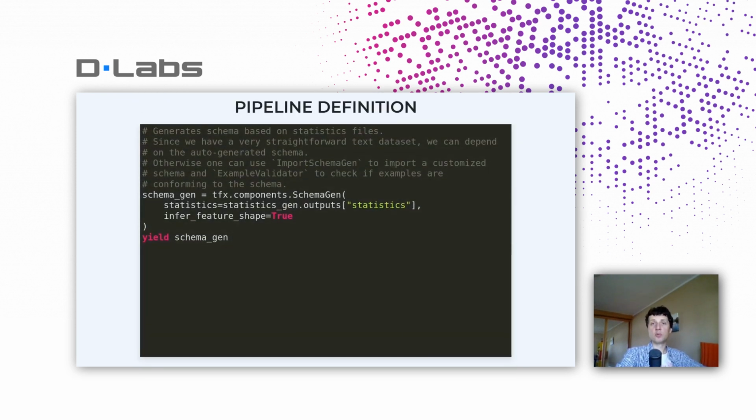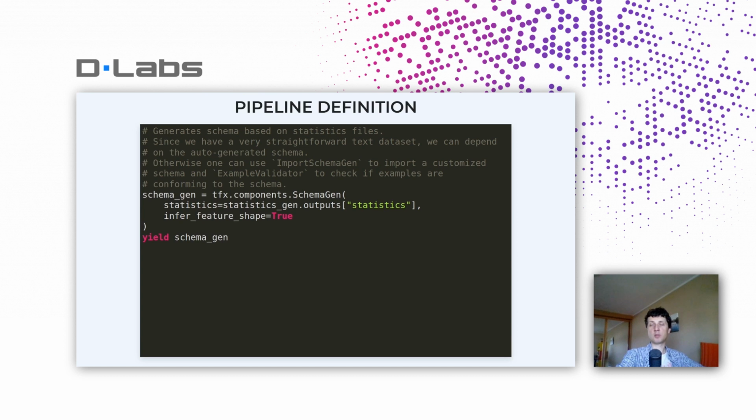In the next step, we want to generate the schema of our data. We plug in the statistics generated in the previous step, and that should be enough. In our case, the dataset is super simple. We just have those two fields, the text of the review and the label. And TFX is going to generate a proper schema for us.